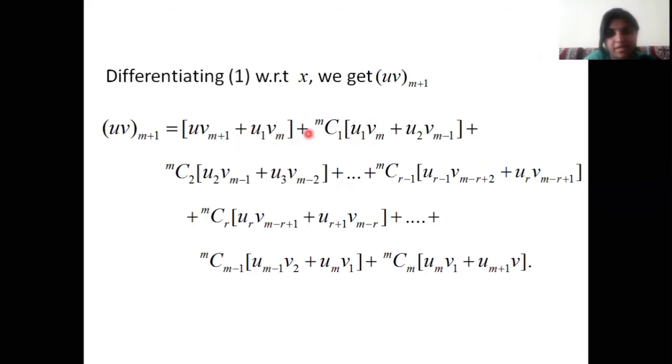If you take this term common, then you will be left with 1 plus mC1. Then in these two terms, you have u^2 v^(m-1) common. So if you take these two common, in this term you'll be left with mC1, and in this term you'll be left with mC2.